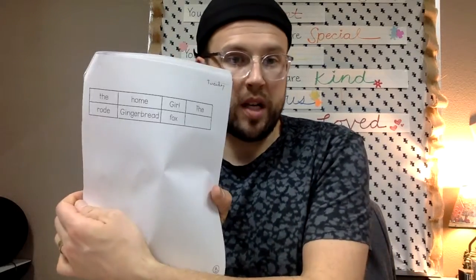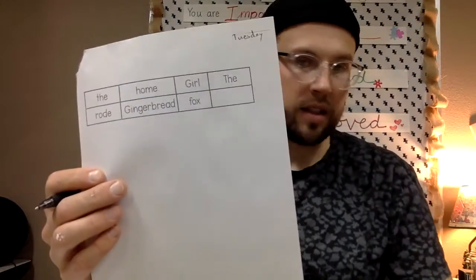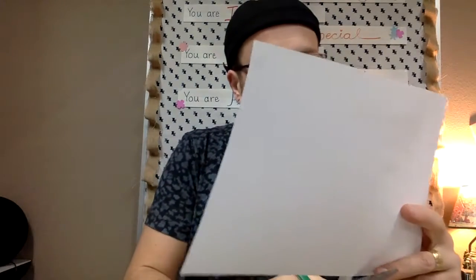Okay, number 8. We're going to take page number 8. We're going to pull that out of our packet. We're going to cut out these words, and then we're going to glue them in the order the sentence is supposed to read.